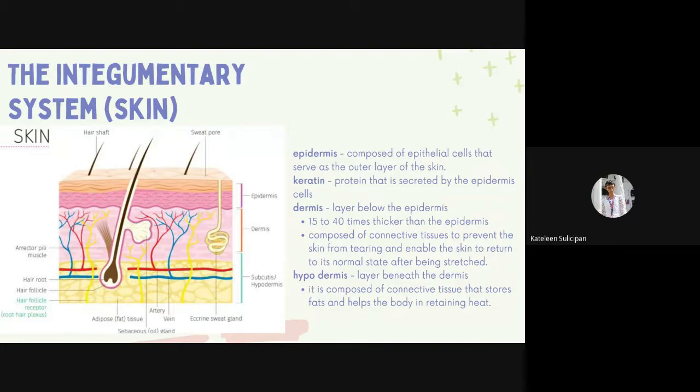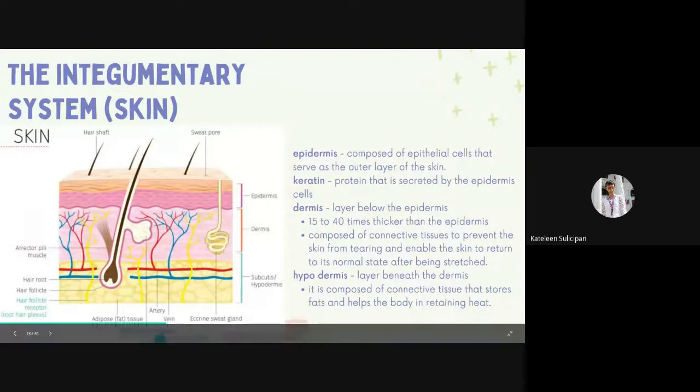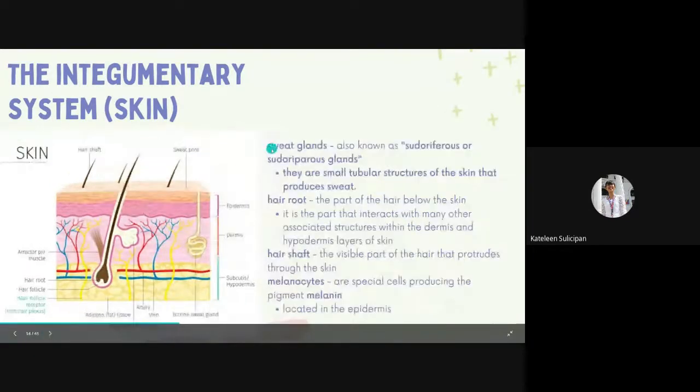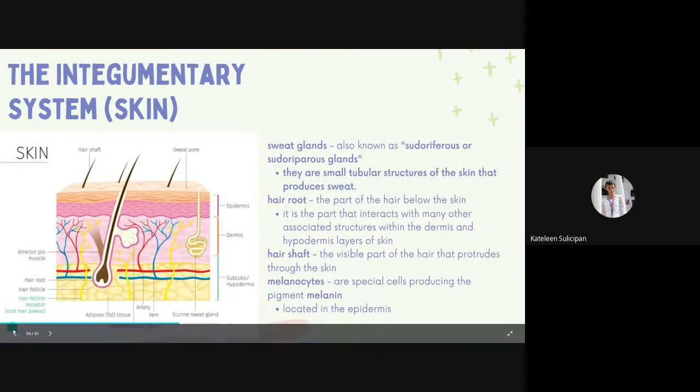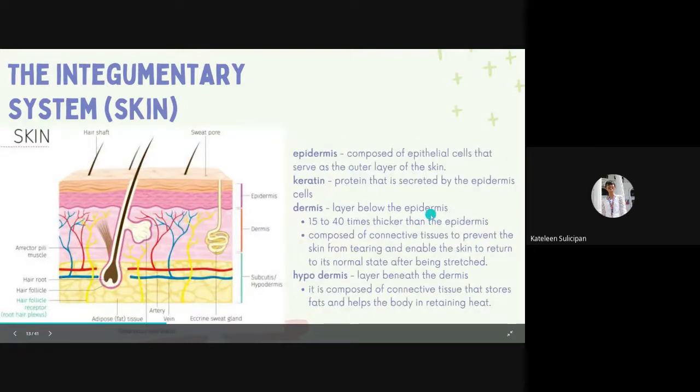Pero i-discuss natin yung mga matatandaan lang, yung masasabi ko lang. So, ito, epidermis, keratin, dermis, hypodermis, and may next pa kasi, which are the sweat glands, hair root, hair shaft, and melanocytes. So, balik muna natin. So, ayun. So, discuss muna natin.